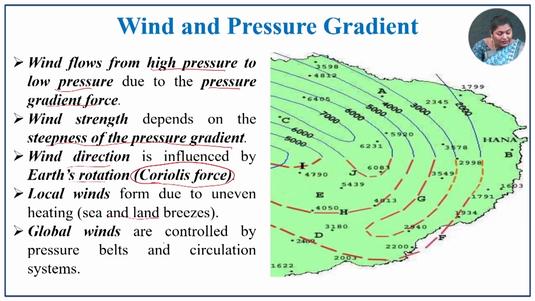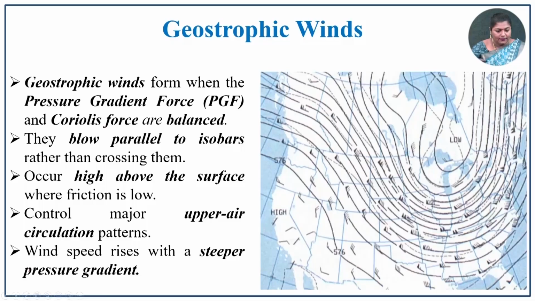The global winds are controlled by pressure belts and the air circulation system. So, globally the permanent wind, that is planetary wind, controls the wind pattern, but locally the winds are controlled by land and sea breeze due to the differential heating of earth's surface and water bodies.